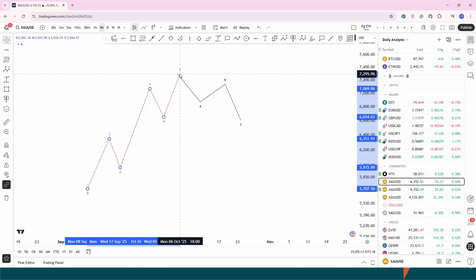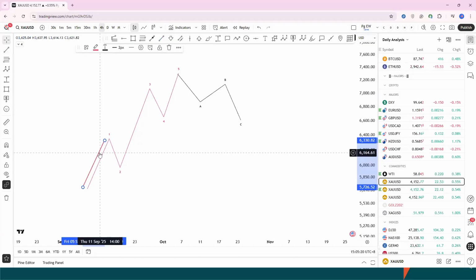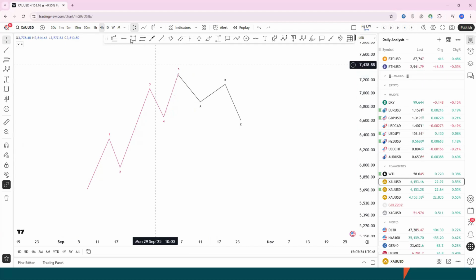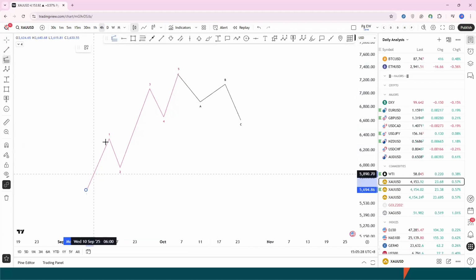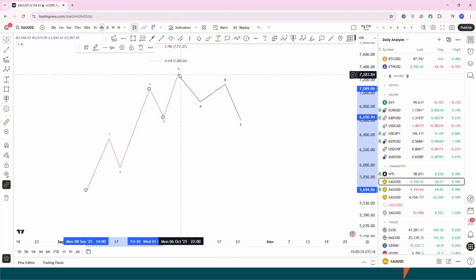And how to get wave 5? You can take the distance from wave 1 and project it, or you can use Fibonacci projection from wave 1 plus wave 3, equal to wave 5, which is 61.8%.